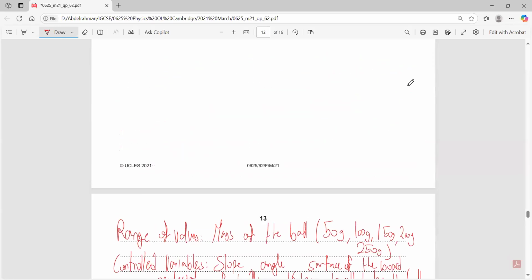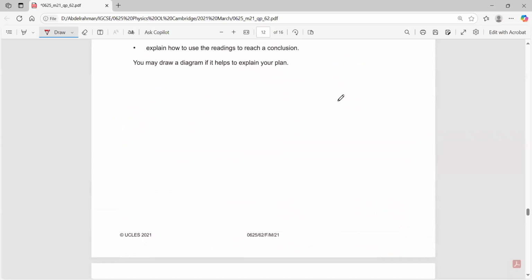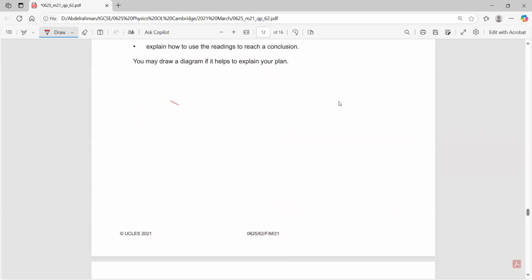So let me draw a diagram for you to understand the distance I'm talking about. You have the slope, which is supported by a wooden block from this point. This is the starting point. Let's say this is point A and this is point B. This is a fixed distance.